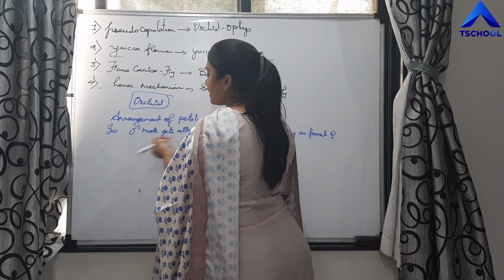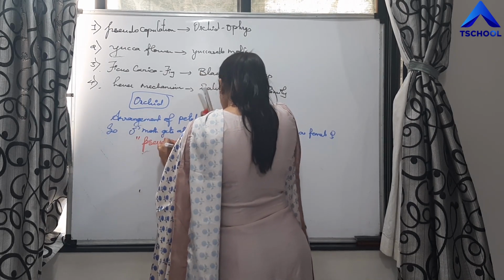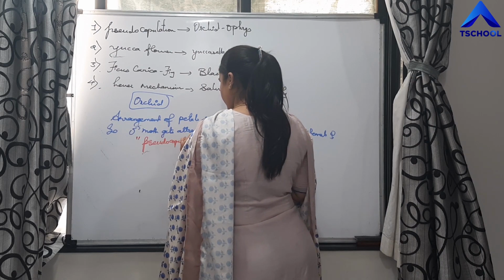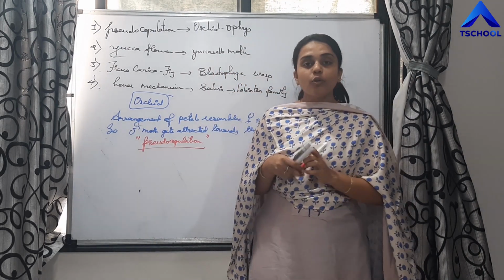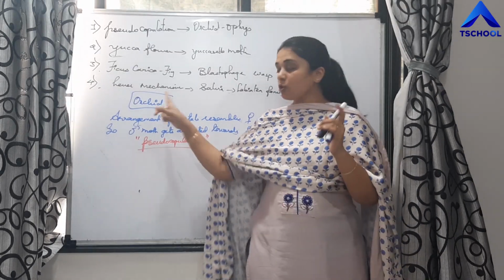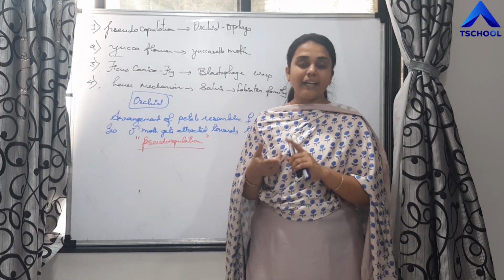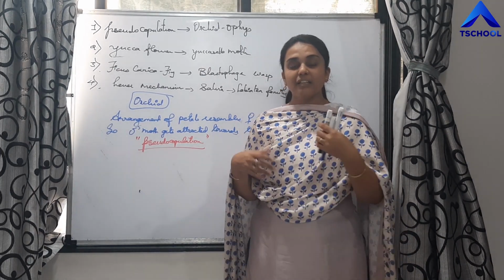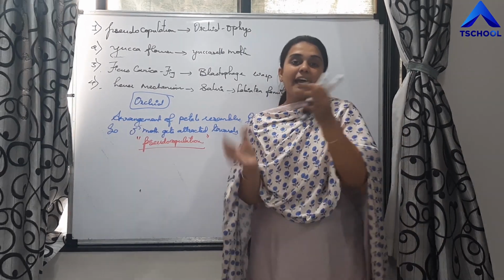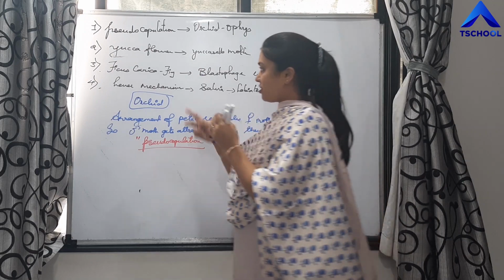This process is called pseudocopulation, right? So the male moth is attracted towards the orchid flower, thinking it as a female moth and trying to copulate, and in return, the male moth is actually helping the flower for cross pollination, right?